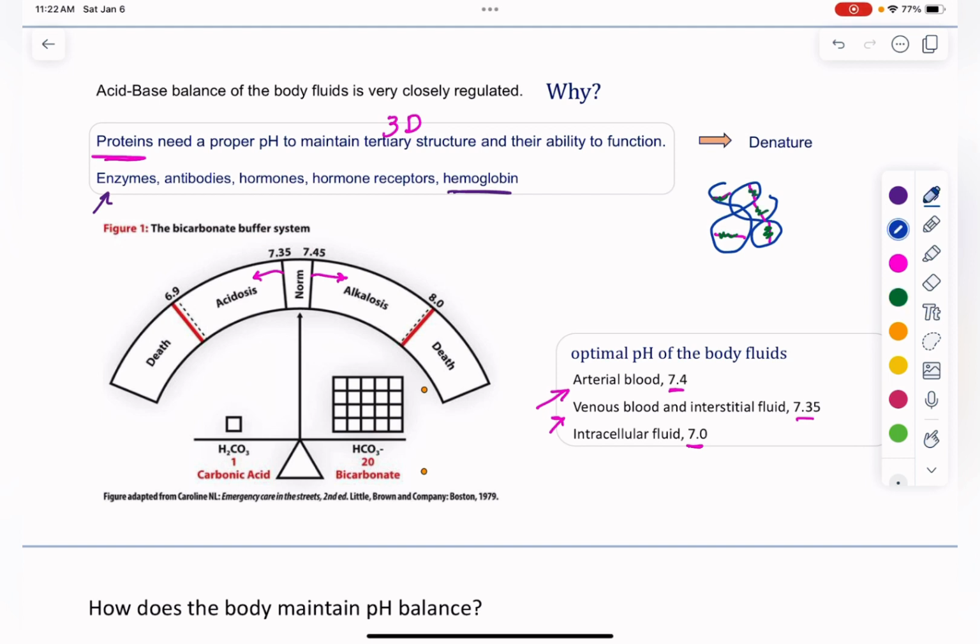And the protein unravels, going from its tertiary structure down to its primary structure. And a protein is not able to function in that primary structure. So all of a sudden the enzymes aren't working, the antibodies aren't working, hemoglobin's not working, and the body starts to shut down. And when a protein goes from its three-dimensional to its primary structure, we call that a denaturing of the protein.